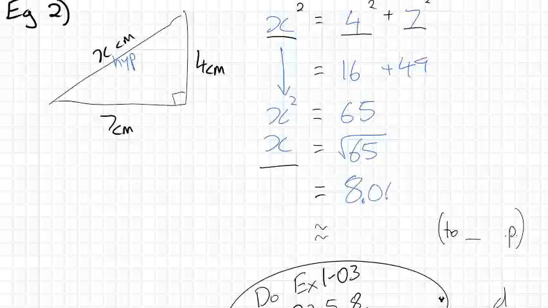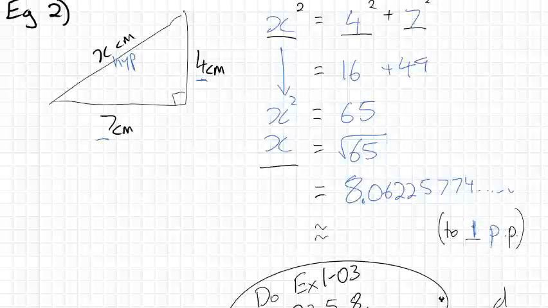8.0622577 and so on. Well, if we round this off, our original numbers only have one digit of accuracy here. It's only a 4 and a 7, so I don't really want to go to too many decimal places. Maybe we'll say one decimal place. We're going to keep the 8, the whole number.